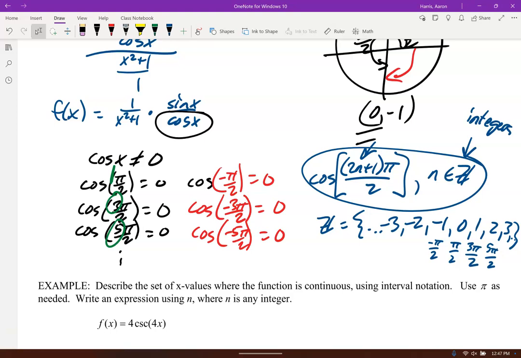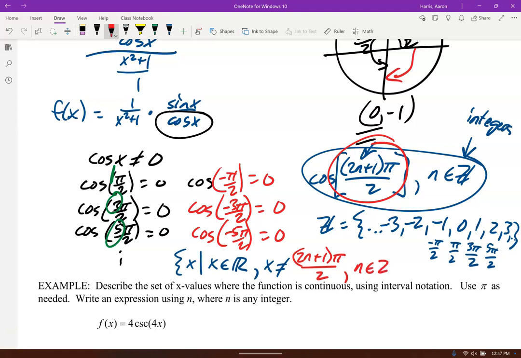So we're going to say the set of all x values. Let's do it in set notation. x such that x can be any real number, except x cannot be 2n plus 1 pi over 2, where n is an integer.